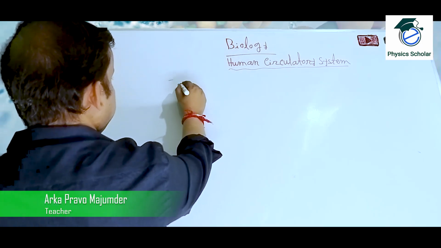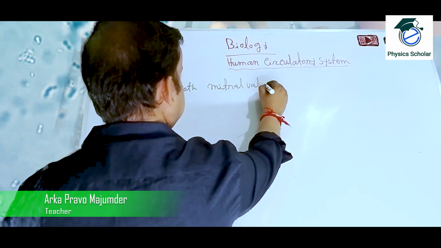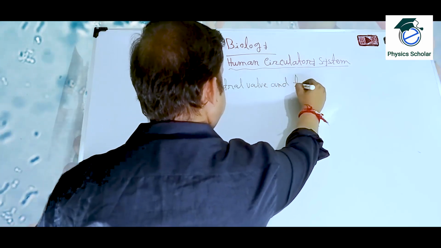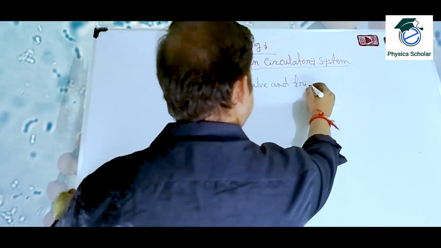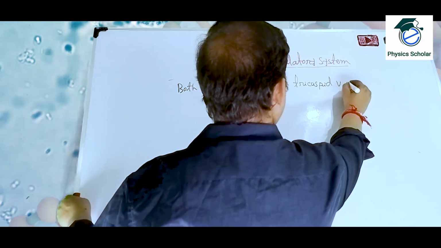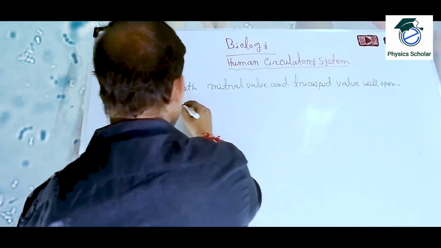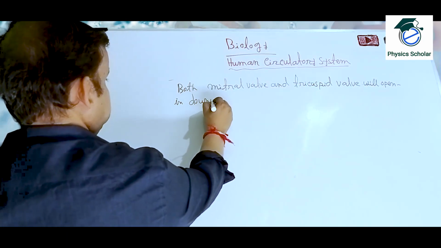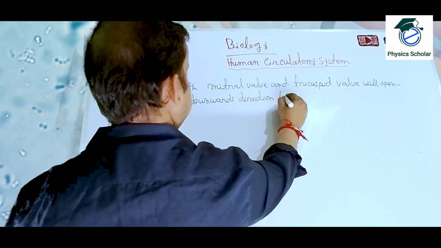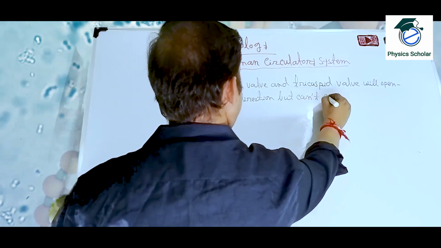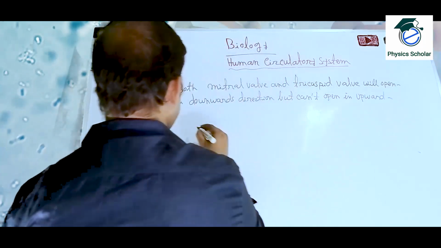That means both the mitral valve and tricuspid valve, the mitral valve is also known as bicuspid, two layers are there, and it is known as tricuspid because three layers are there, will open in the downward direction but can't open in the upward direction.